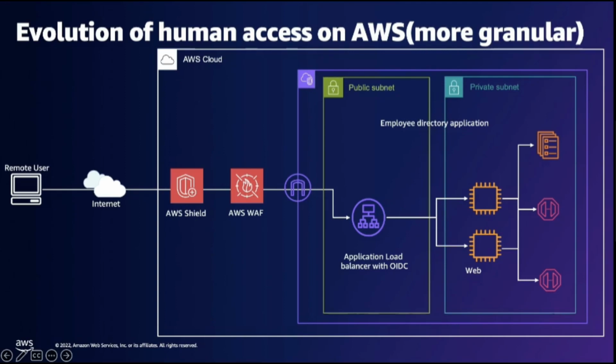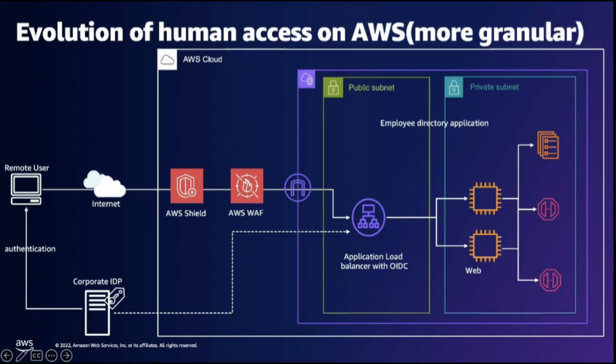So as a remote user, you'll be going through the internet to access the employee directory app. But obviously, before you can do that, there must be some sort of authentication. And the good thing with Application Load Balancer is that you can have an integration with OpenID Connect. OpenID Connect is a standard that streamlines authentication for web application services and things like that.